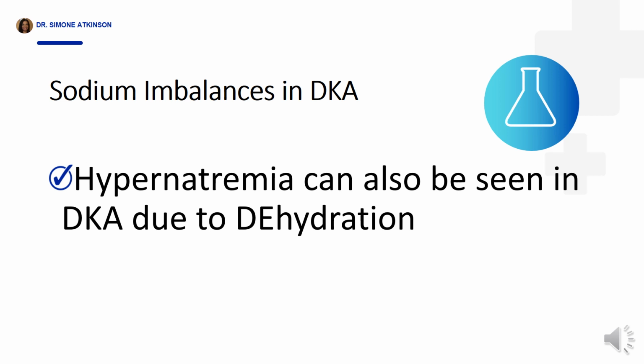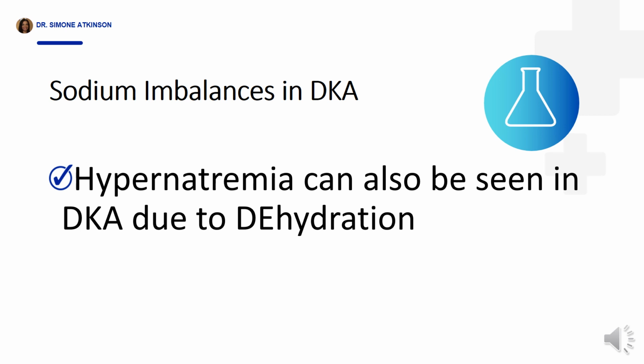And this intensifies urination that leads to significant fluid losses, and it results in dehydration. So as fluid is lost, the relative concentration of the sodium in the blood increases, thus hypernatremia can ensue. And this phenomenon occurs because the sodium level remains the same while the overall fluid volume is decreasing. So remember, hypernatremia is associated with DKA, and it stems from the dehydration process that is inherent when this condition happens.